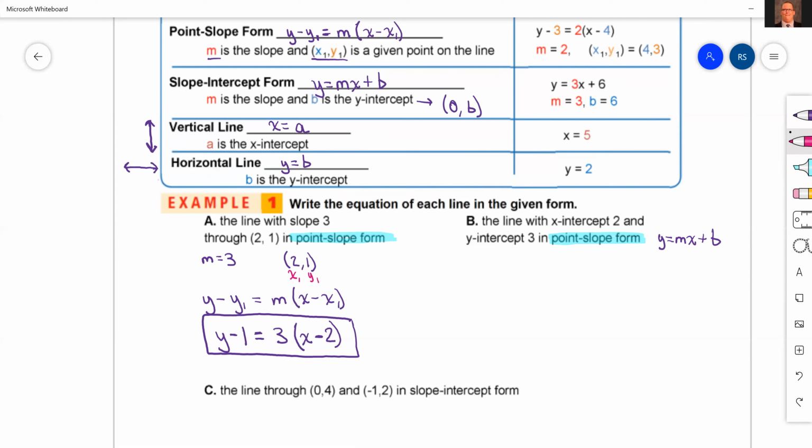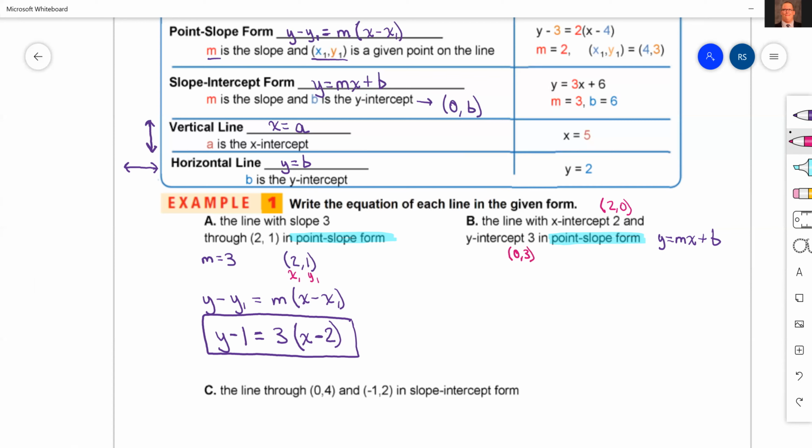Well, what's one way I can write the x-intercept of 2? We could write that as a point of 2, 0. The x-intercept would be 2, 0. If the y-intercept is 3, that's our point 0, 3.